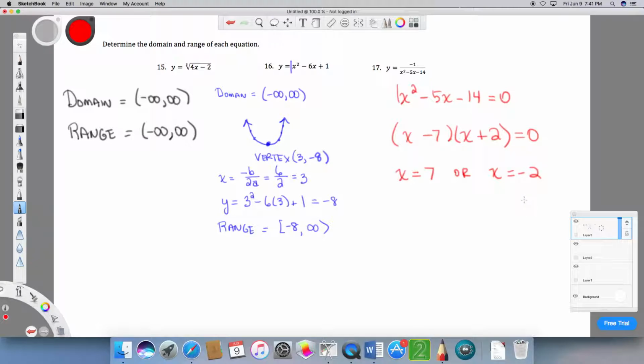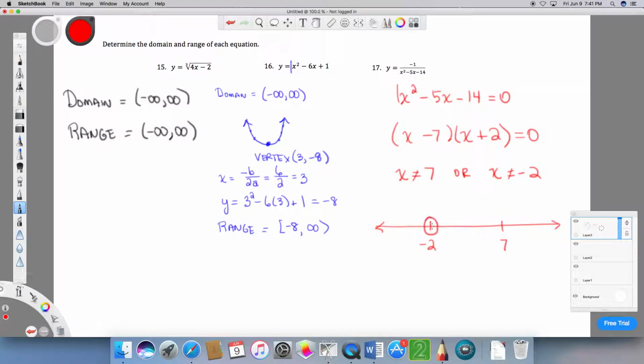Those two values I have to exclude from my domain. I can't allow x to equal 7. I can't allow x to equal negative 2, because if I did, my expression up here would be undefined. So let's put this on a real number line. Negative 2 is to the left of positive 7.